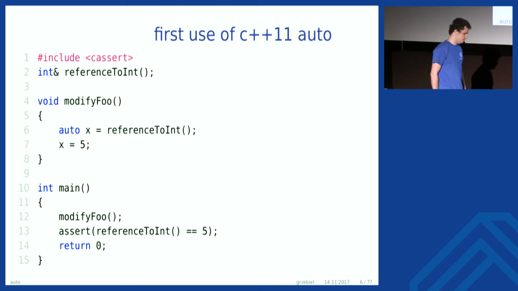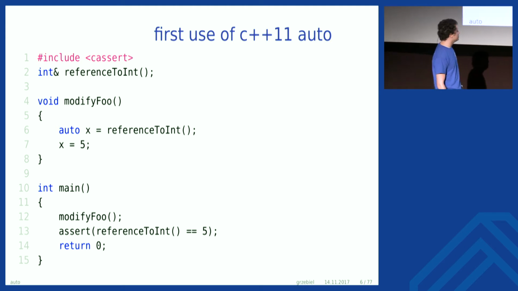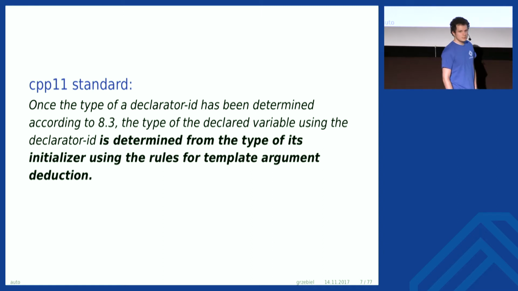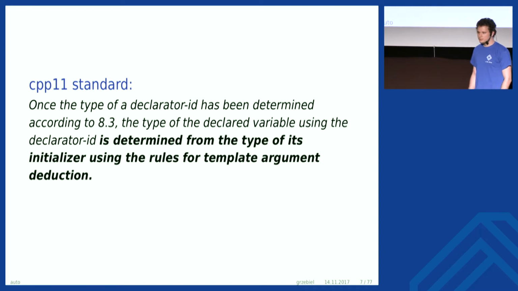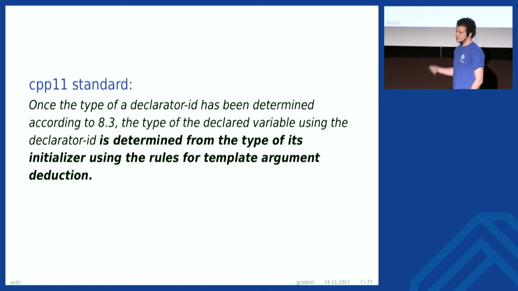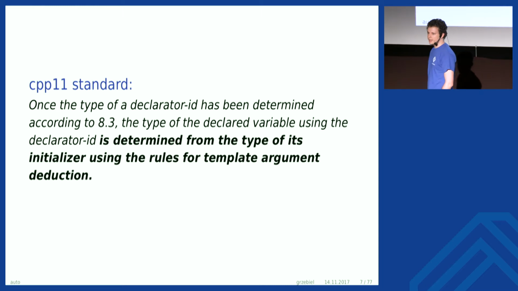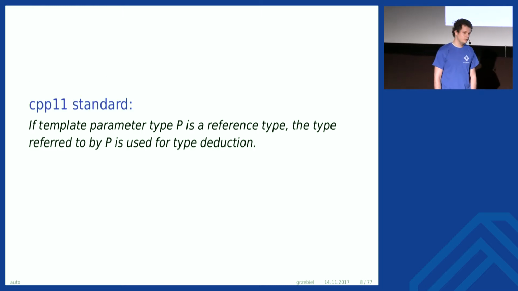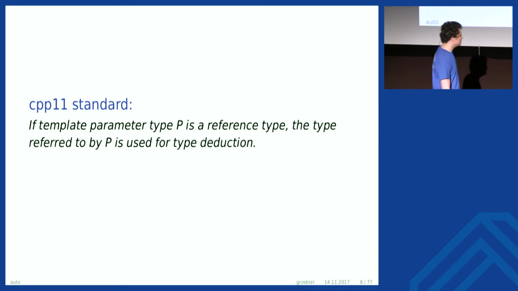So you have probably spotted the bug already. If not, let me show you a part of the standard. You don't need to read all of it. In other words, this just means that auto uses template type deduction. If you don't know all the template type deduction rules by heart, then this is the rule we are extremely interested in in this case.